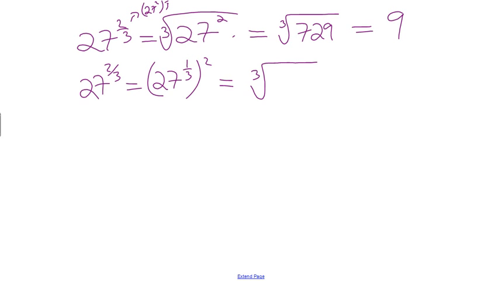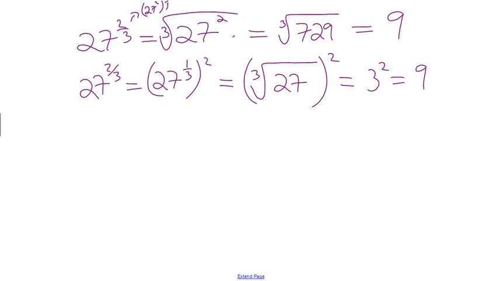And so this is the cube root of 27, and then we're going to square that. What's the cube root of 27? 3, right? This we know a lot sooner than we know how to square 27 without a calculator, and what the cube root of 729 is. Cube root of 27, that's 3. Squared is 9. Okay?